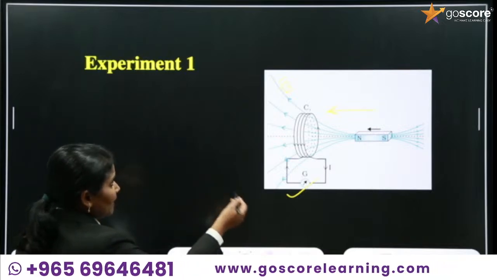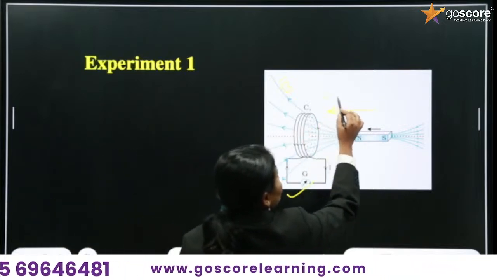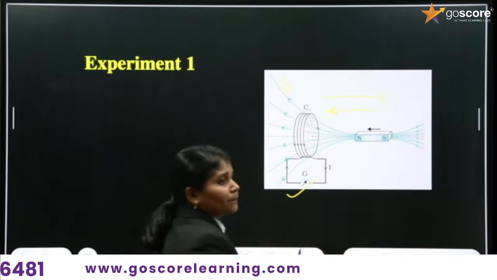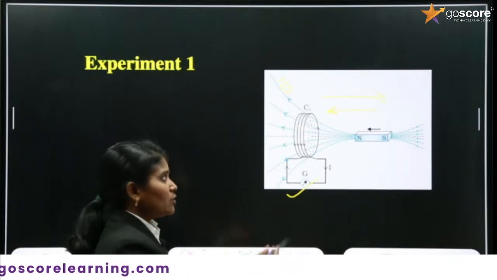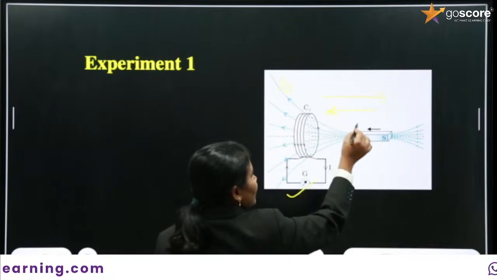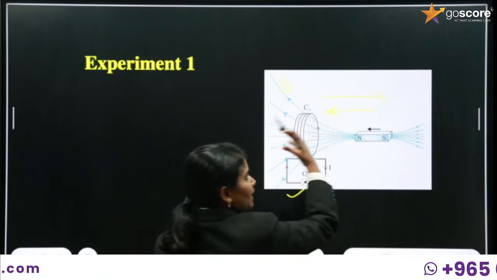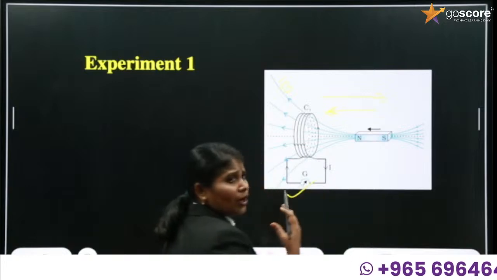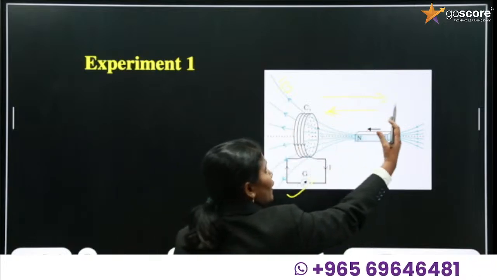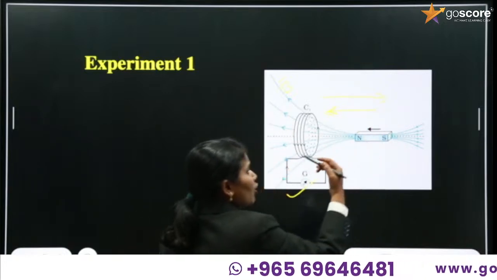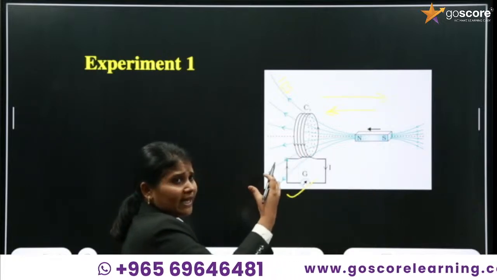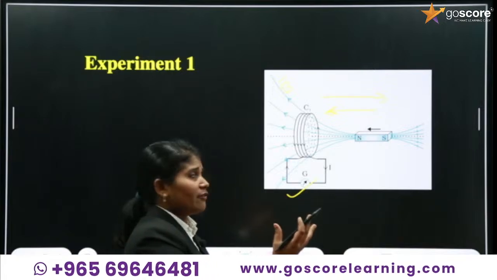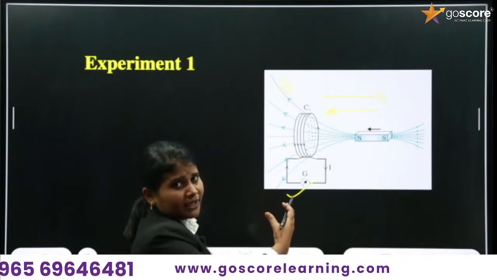So I am now taking the magnet towards the coil. Here the magnet is near the coil. Then I am taking it away from the coil. The galvanometer is deflecting in the opposite direction.